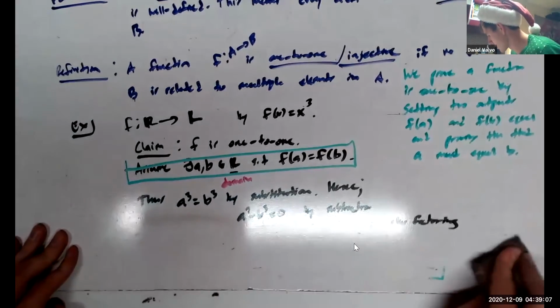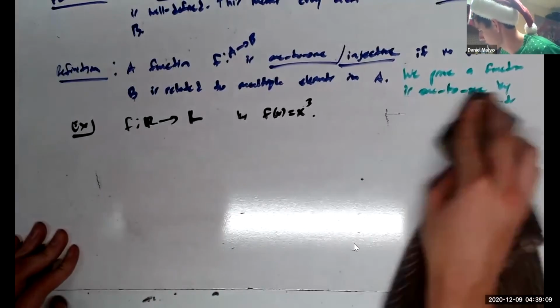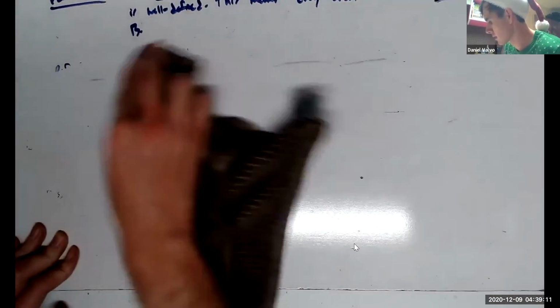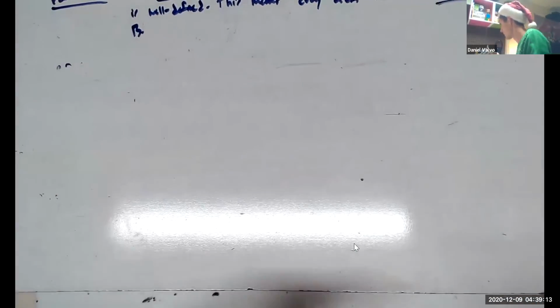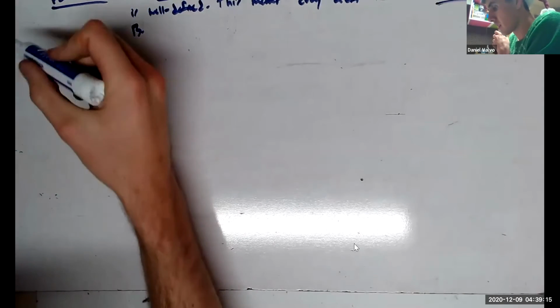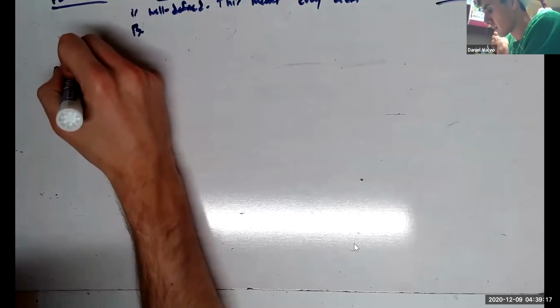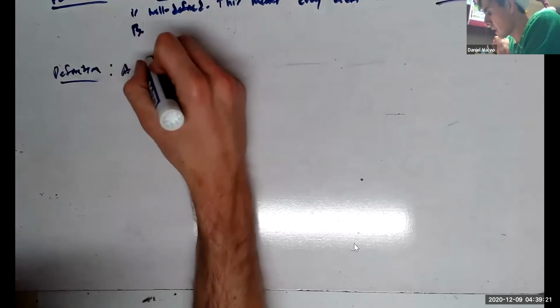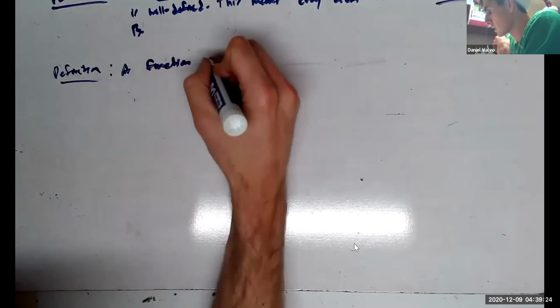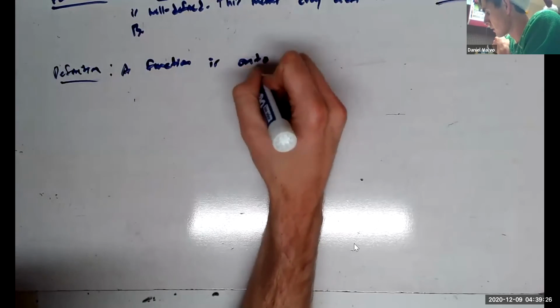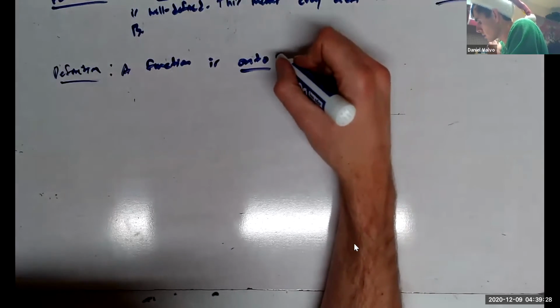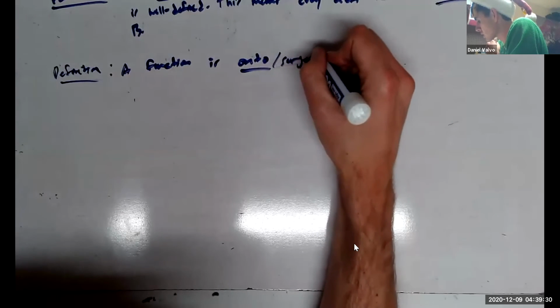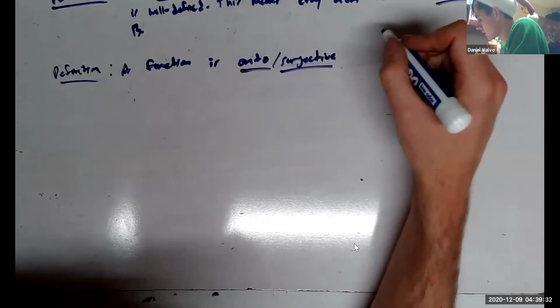Now let's talk onto. We say a function is onto, surjective is what we call this.